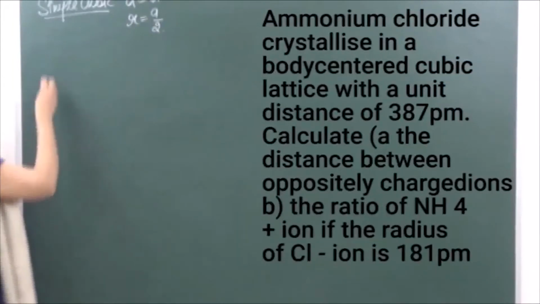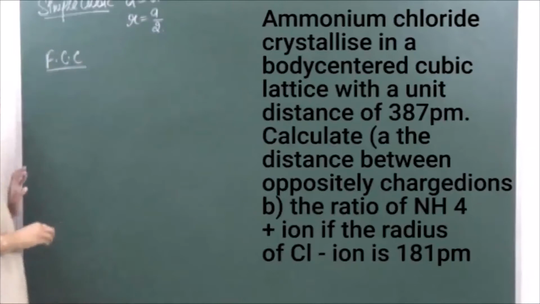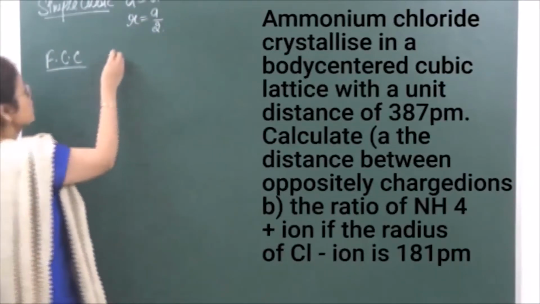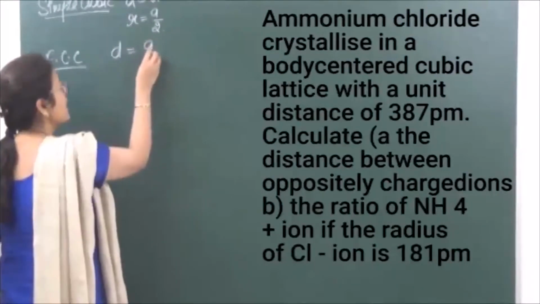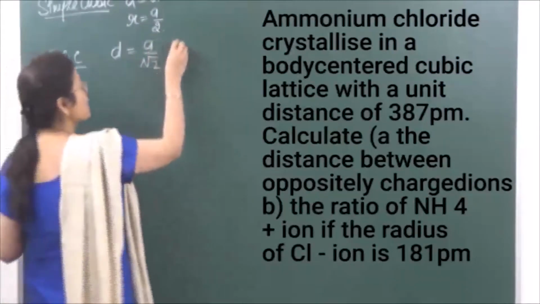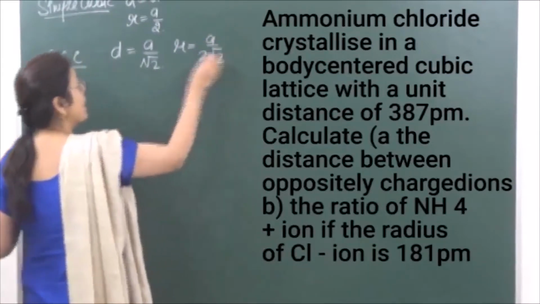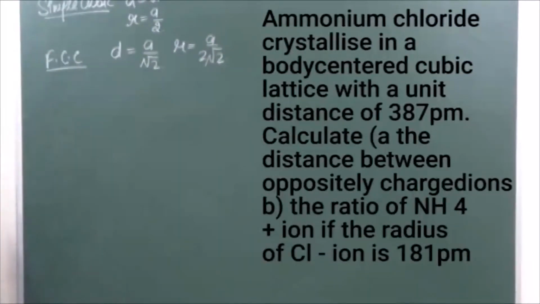The second one was FCC, face centered cubic, in which the distance was given as A by under root of 2 and radius was given as A by 2 under root of 2.